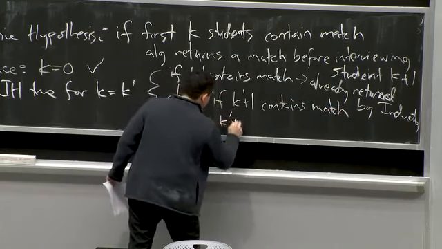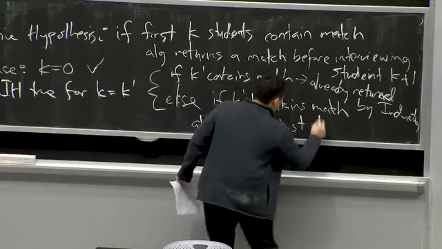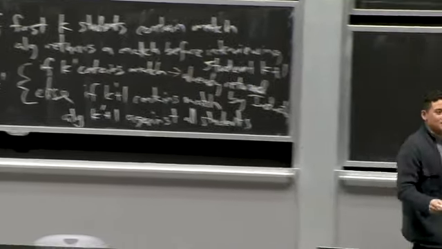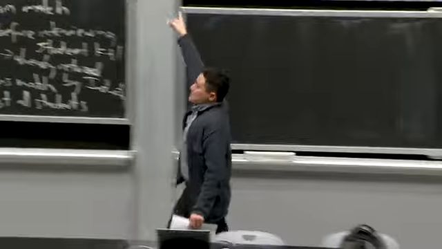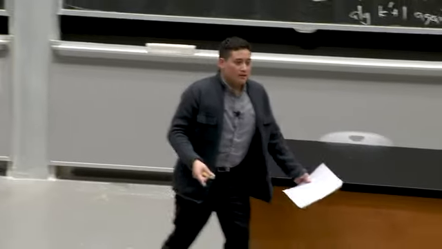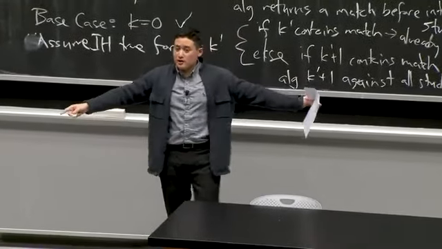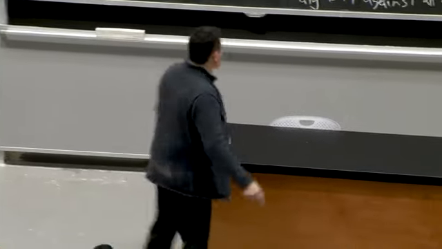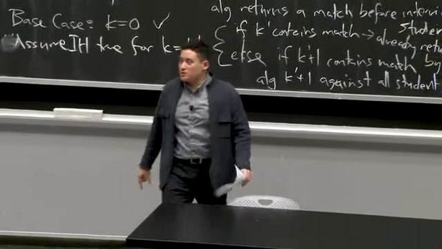It checks student k prime plus 1 against all students, essentially by brute force. It's a case analysis. I check all of the possible possibilities. This checks if the birthday is in the record. I haven't told you how to do that yet, but if I'm able to do that, I'm going to check if it's in the record. If it's in the record, then there will be a match and I can return it. Otherwise, I have reestablished the inductive hypothesis for the k prime plus 1 students.